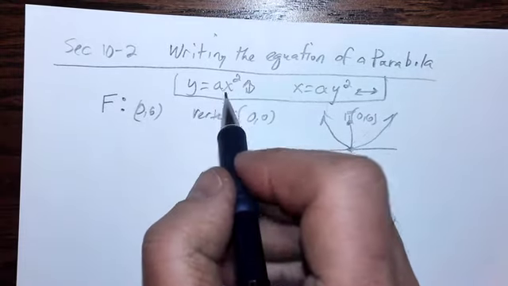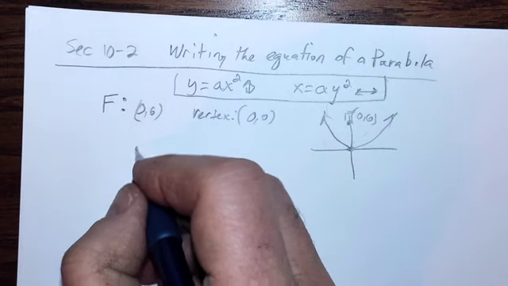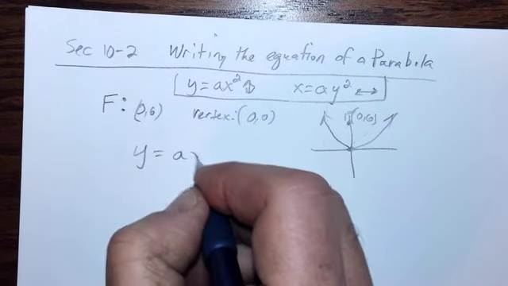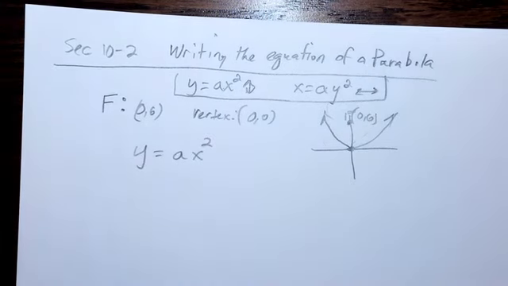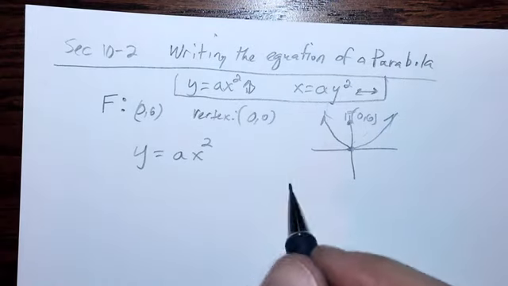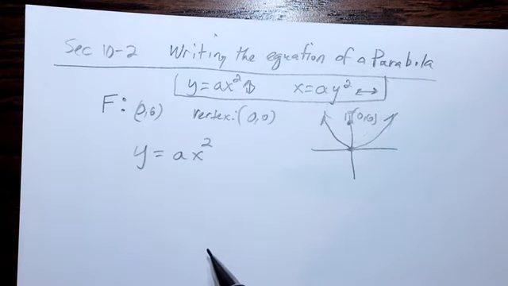Since it opens up, I know this is what the equation looks like: y equals ax squared. We have to figure out what a is.